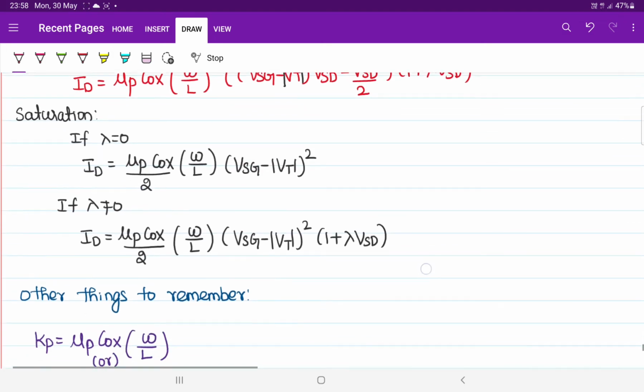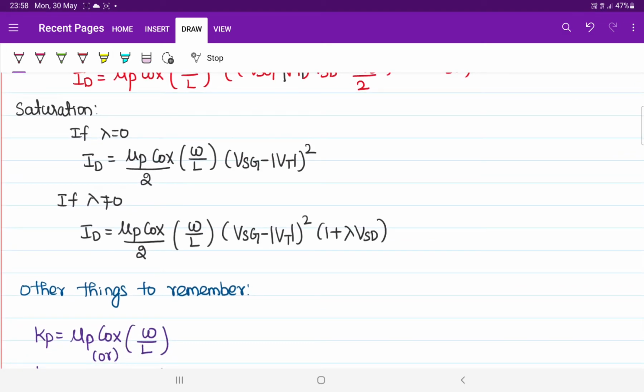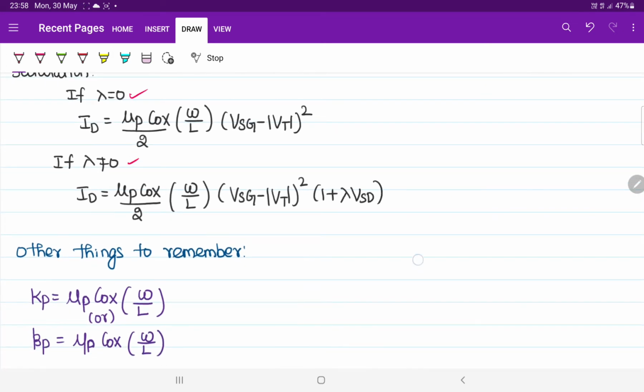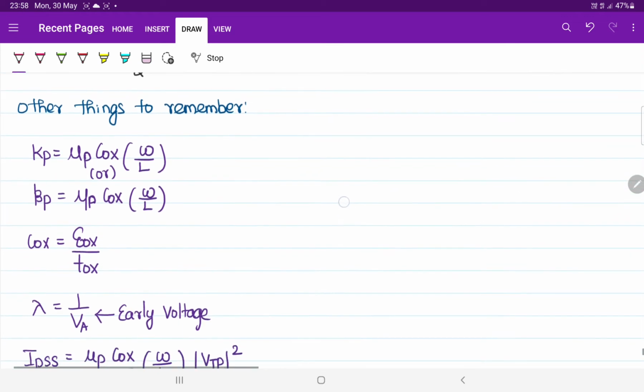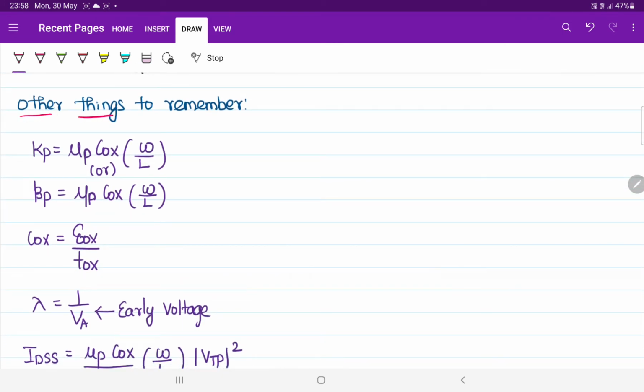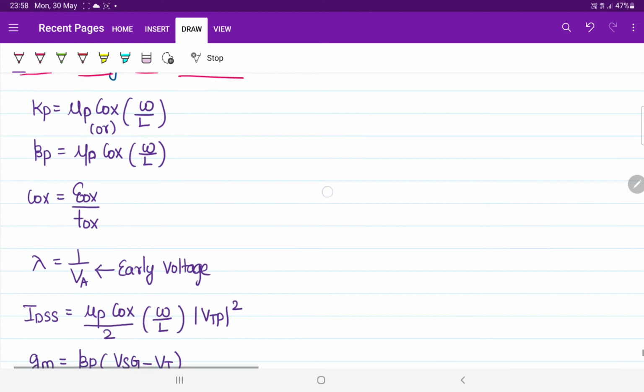Similarly, in the saturation region, I have written the current expression without lambda, and the second one with lambda. Next there are some other things to remember, just note them down. Sometimes in your examination, even for N channel MOSFET, they define the value of mu p Cox W by L in terms of K, sometimes in terms of P. Whatever they give in the question itself, you don't need to memorize anything here.